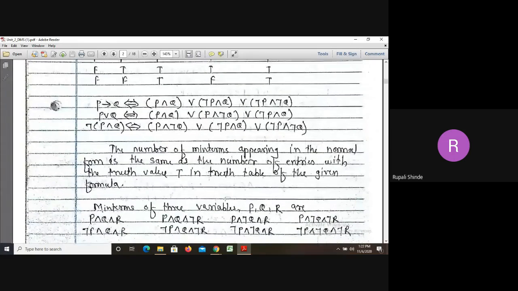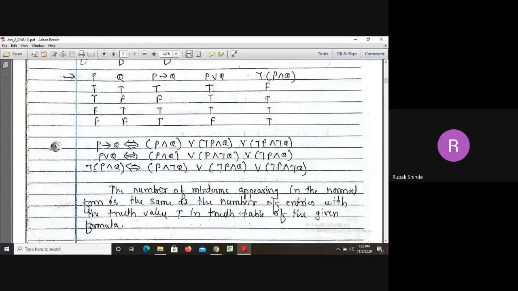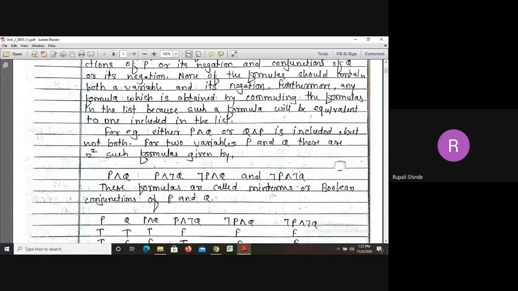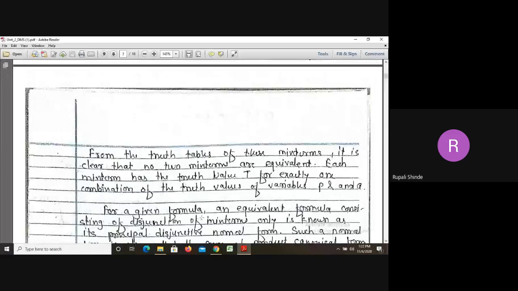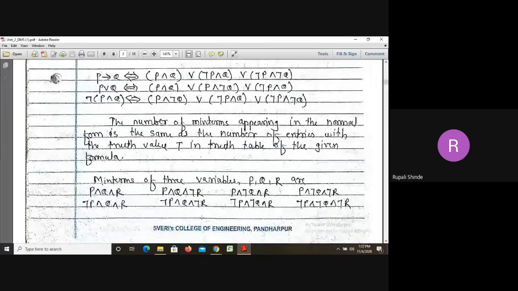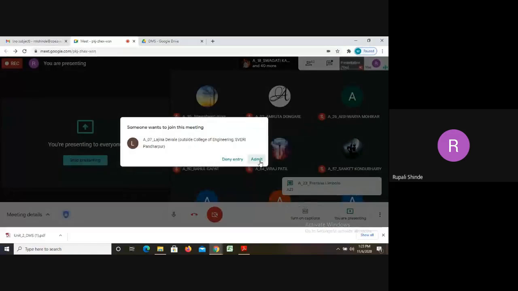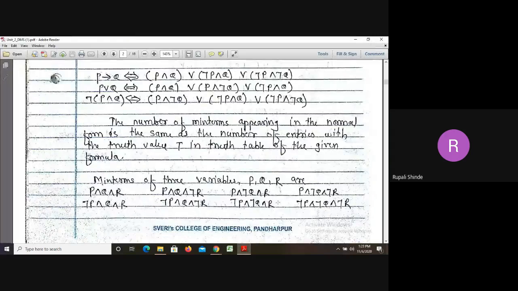Okay. So again, here we have seen the number of minterms are 4 if variables are 2. So likewise, if there are 3 variables, then we can define the possible number of minterms as 2 raised to 3, and that is equals to 8. So again, here they have given what are the combinations of those minterms. Already we have seen this part.